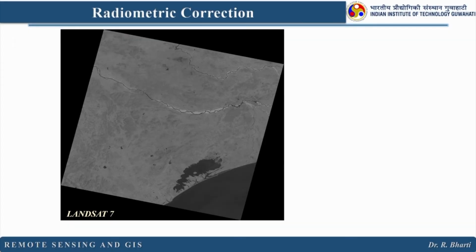Here, for any downloaded or purchased image which you have purchased from either ISRO, NASA, JAXA, there are many space agencies. Depending upon your application, you will approach them to download your particular desired data. In that case, you have to identify those bad pixels, right?